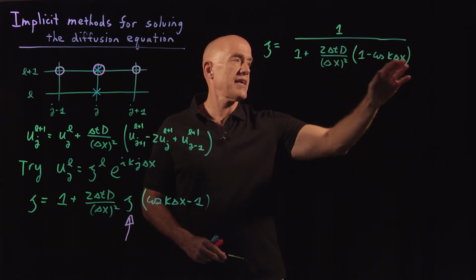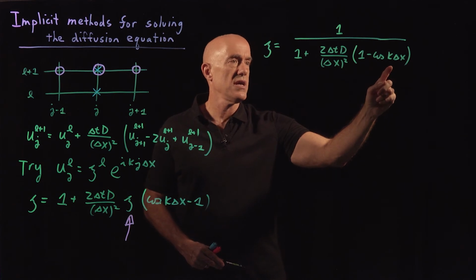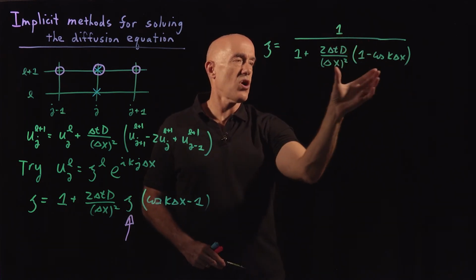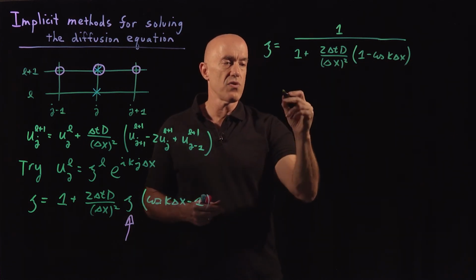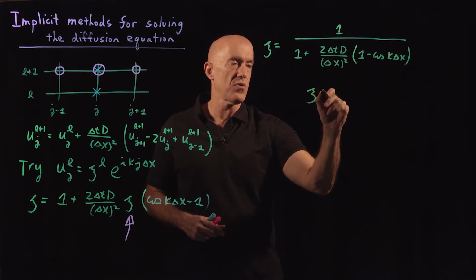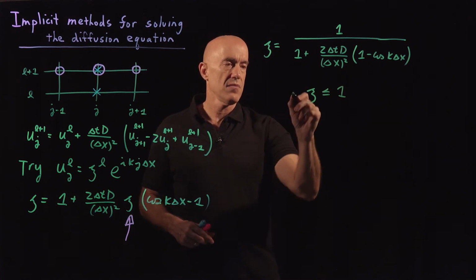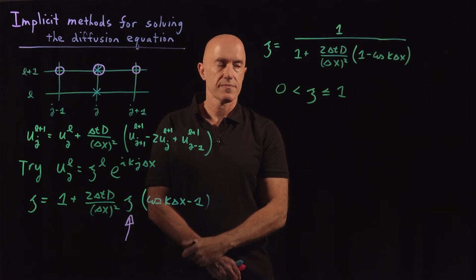Down to cosine k delta x equals minus 1. So this becomes 2. And then we end up actually with the largest positive number here in the denominator. So we see that this psi then has a maximum value of 1, which is the marginal stability case, but is always between 0 and 1.